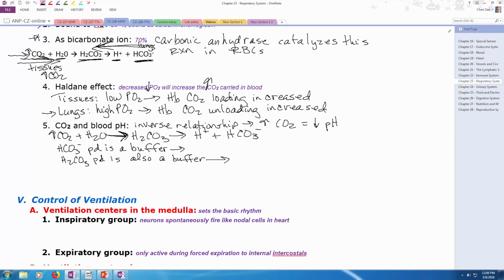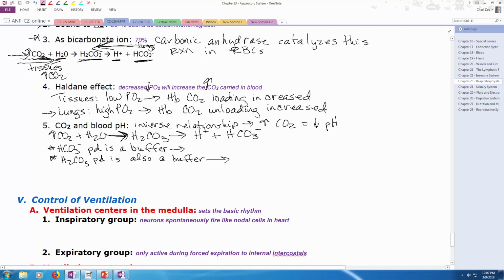Let's take a look at some of the byproducts of this equation right here, with the bicarbonate ion and also carbonic acid. Let's start with the bicarbonate ion first. In order to keep our pH at a certain level, we need to have in our blood various buffers, and buffers are defined as those chemicals which will minimize pH changes in the presence of various acids and alkalis.